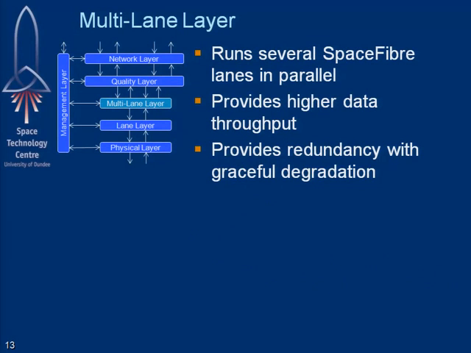Okay, the multi-lane layer runs several SpaceFibre lanes in parallel to provide higher throughput, but it also, and uniquely, provides redundancy with graceful degradation. So if one lane fails, we can automatically switch to send the information over another lane, and it will do this in either a hot or cold redundancy configuration.